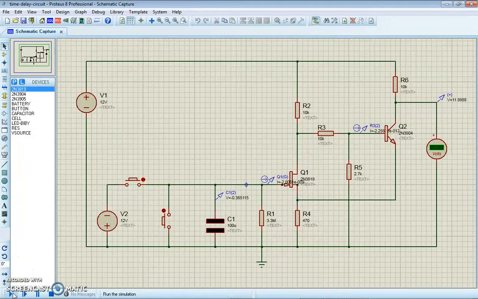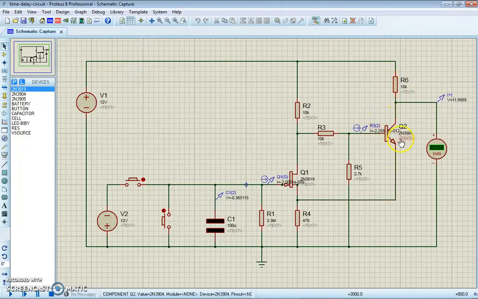Okay, this is the circuit of the simulation after some modification is applied. A V source of 12 volt is used in the circuit. Here, NPN type 2N3904 has also been used to replace the PNP 2N3905. The position of the NPN transistor is also changed, as the collector terminal is connected to R6 with a value of 10K.